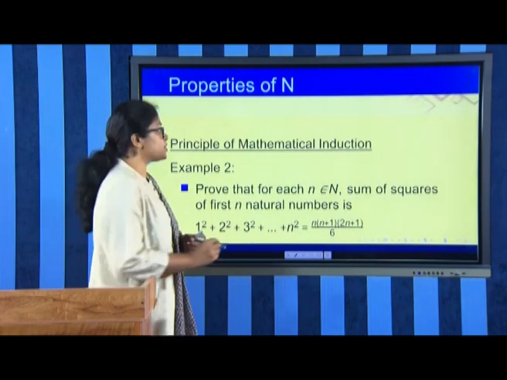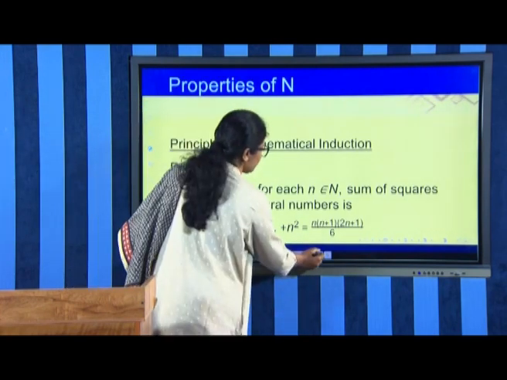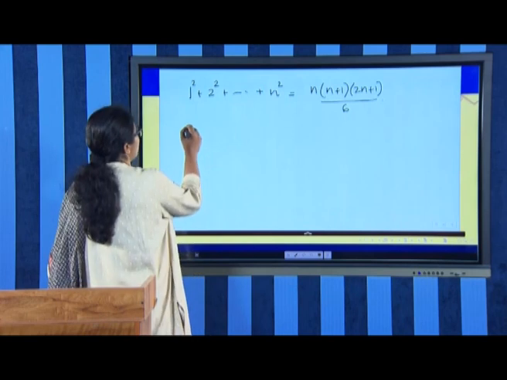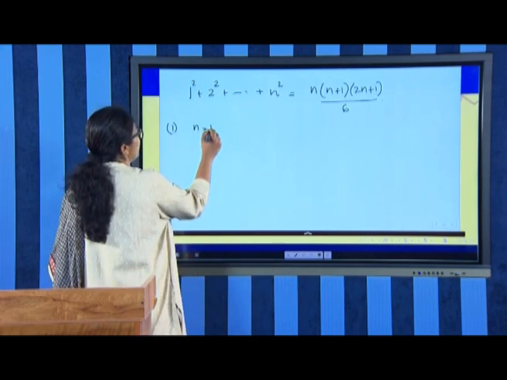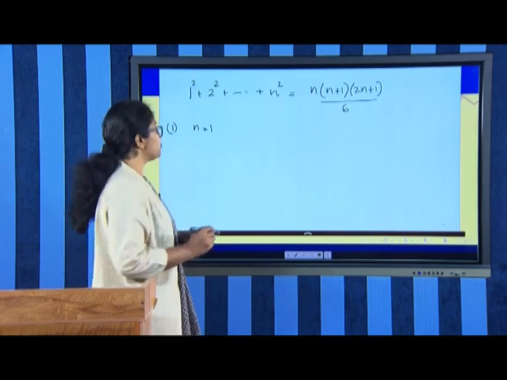So, again first we take the case for n equal to 1, in order to show that P of 1 is true.